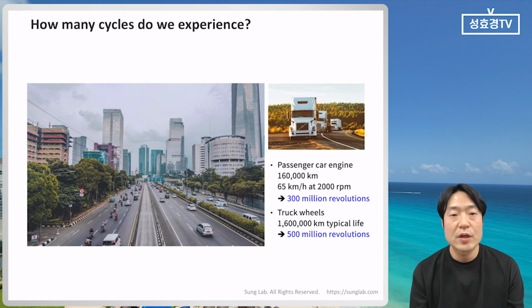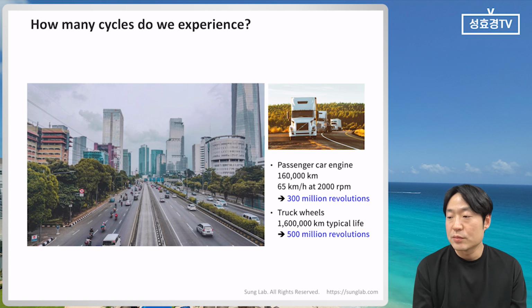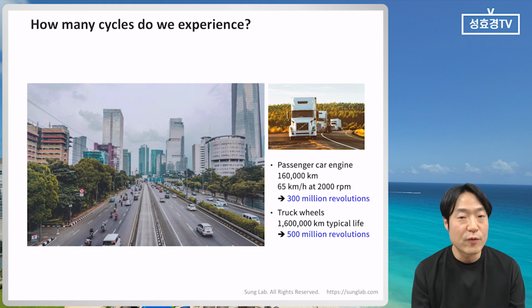Fatigue is very common in our experience. As I explained, the wheels experience fatigue. For example, car engines going 160,000 kilometers usually go through 300 million revolutions, which is a lot. And truck wheels have a typical life of 500 million revolutions.